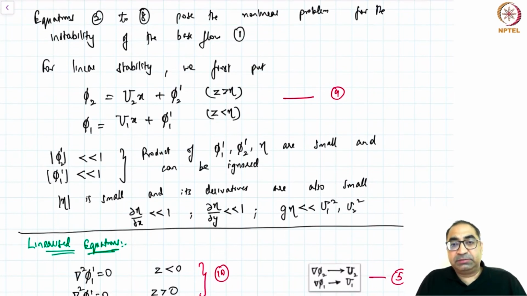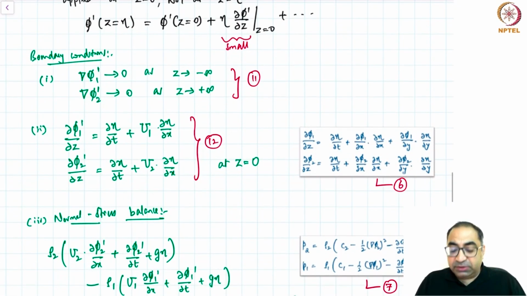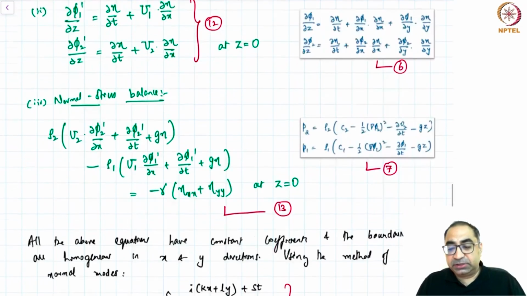We linearized all the quantities, especially the velocity potentials, by assuming a simple form for the perturbation, where the total quantity is equal to the base quantity plus a fluctuation quantity, and the fluctuation quantities are all shown with the prime notation. And then we wrote down the linearized equations in the previous lecture.